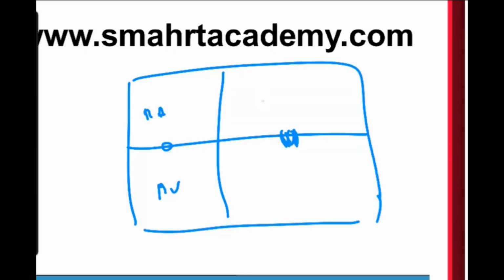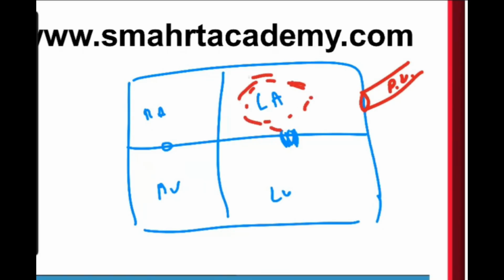Left atrium, left ventricle. Blood wants to come from the pulmonary veins into the left atrium, and from the left atrium into the left ventricle. Can this blood pass through the mitral stenosis? Can this blood pass?